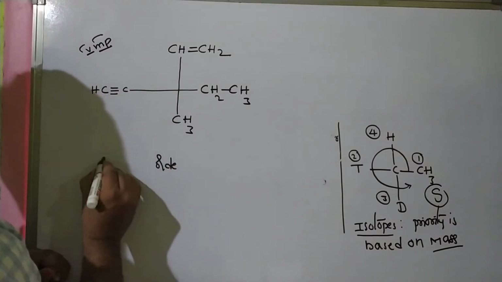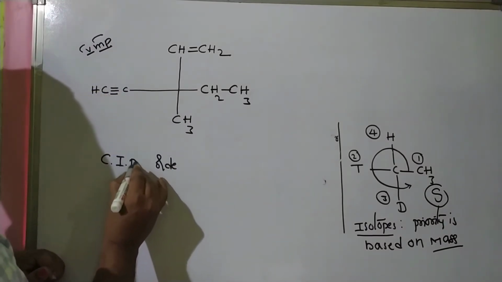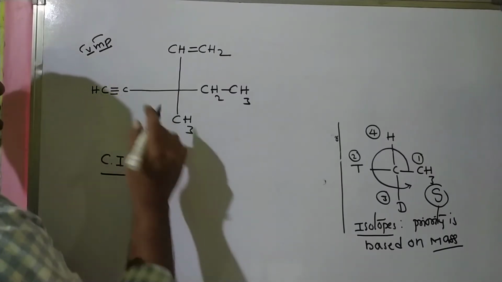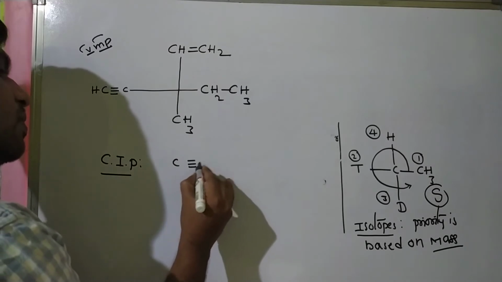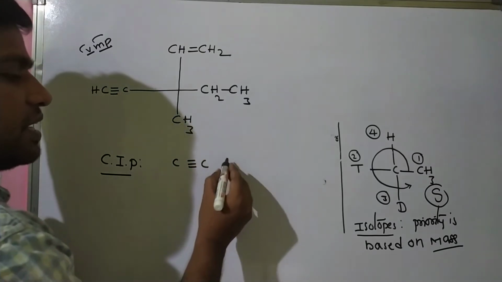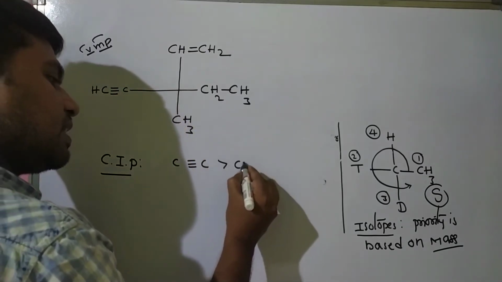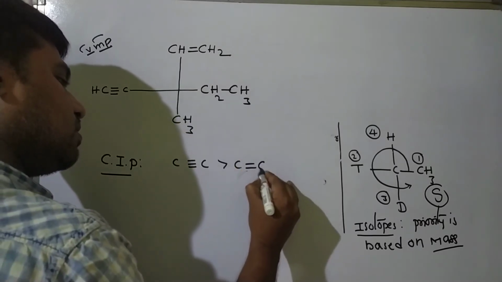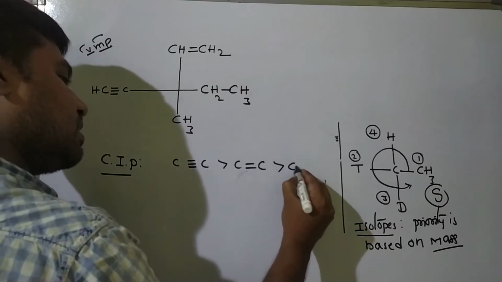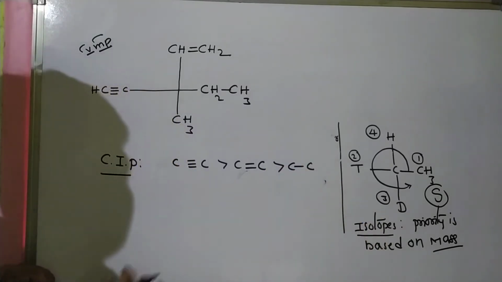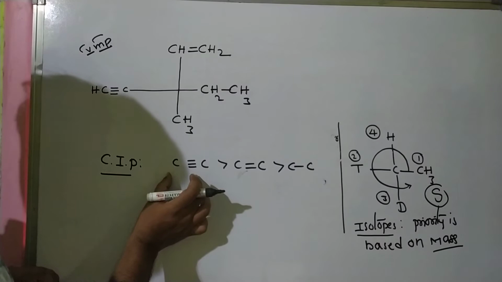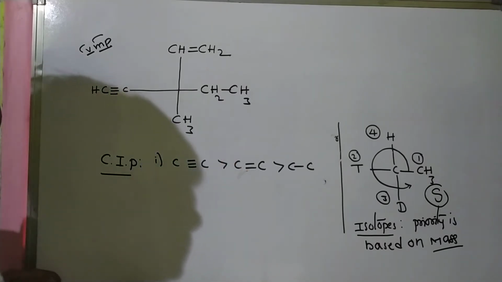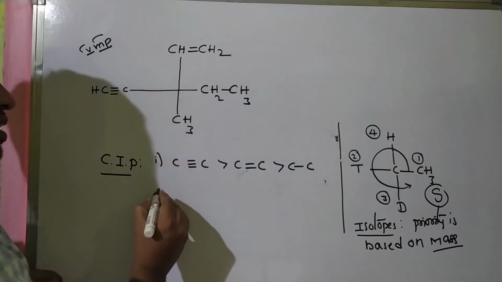The CIP rule is: carbon triple bond will get highest priority, then carbon double bond, and then carbon single bond. Okay, students? So this is the most important, a very important CIP rule.